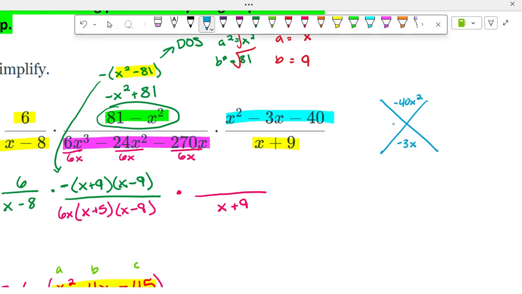Negative 3x. Both of our factors have to have x in them. And if we're multiplying to get a negative number, that means one of our factors has to be what? Negative. So our two factors of negative 40 that'll add to give me negative 3, or one of them's negative.